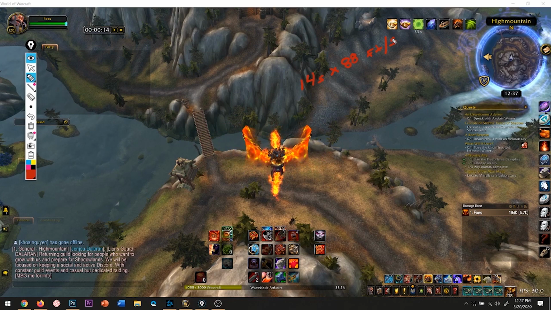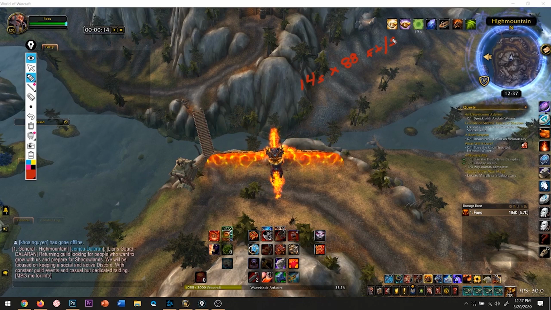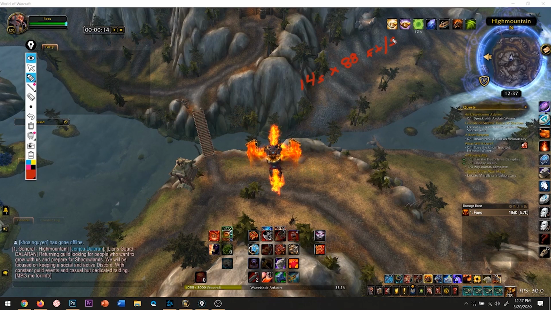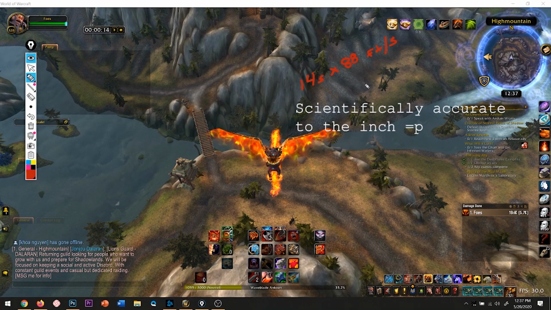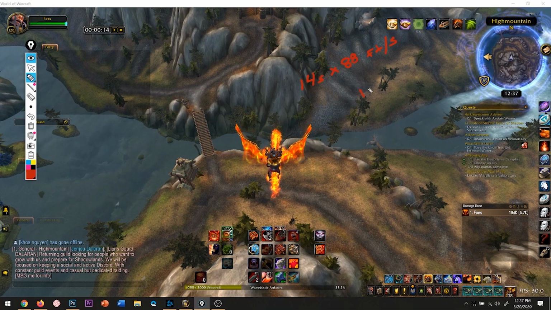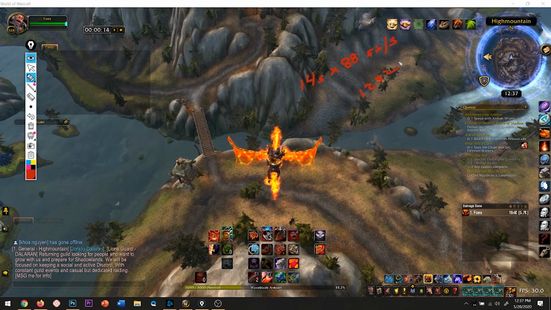So using my trusty super old calculator, that's going to give us, by our super accurate calculations, the length of this mountain is 1,232 feet. So about a third of a mile, maybe closer to a quarter.